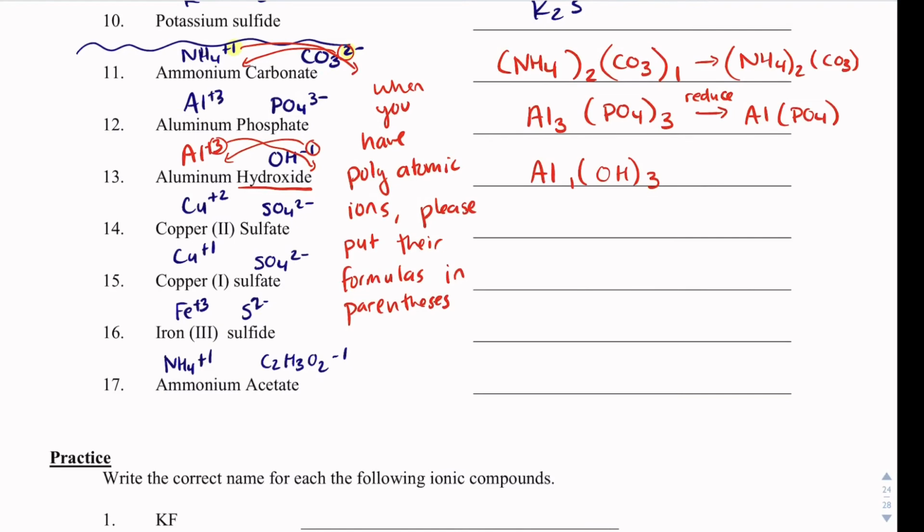So if it's a polyatomic ion, meaning you can't find it on the periodic table, please put it in parentheses.